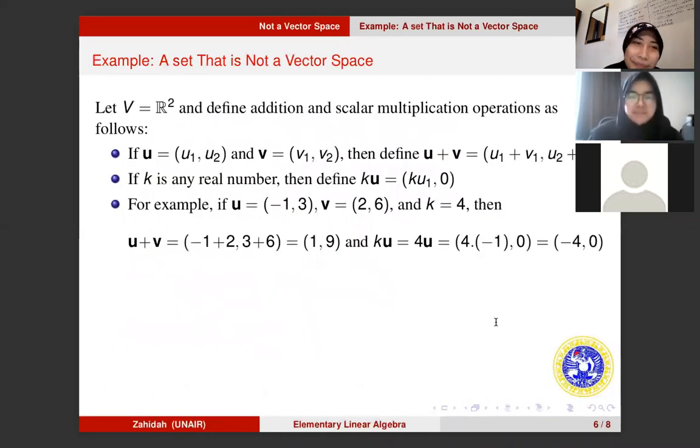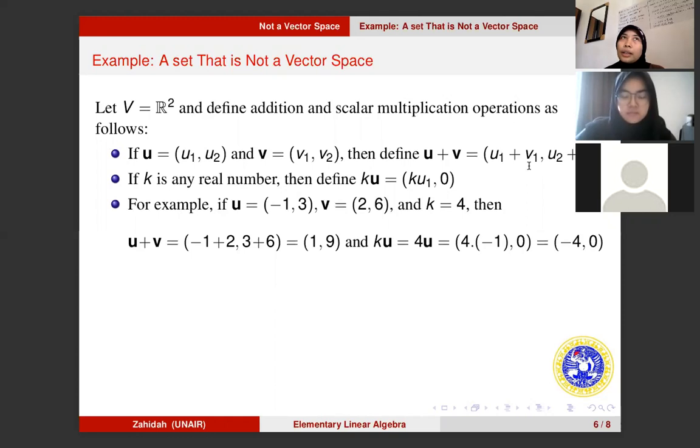Okay. Next, this is our next example. A set that is not a vector space. We have V is R2 and define the addition and scalar multiplication operations as follows. We have u equals (u1, u2), v equals (v1, v2), then define u plus v here.